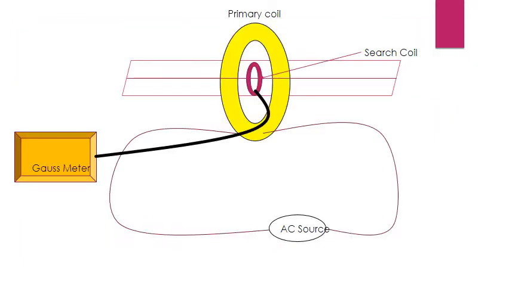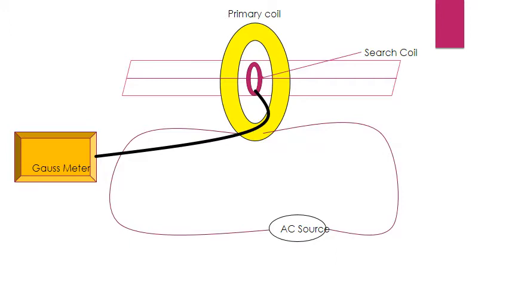Next, you can see that this is the experimental circuit. The bigger coil, shaded in yellow, is called the primary coil, which generates the magnetic field, hence it is called the field coil. The field coil is connected to the AC source, which always provides current to the primary coil to generate the magnetic field.